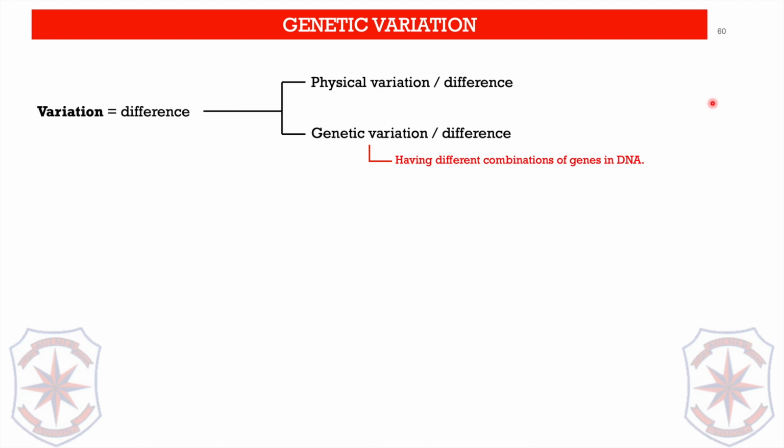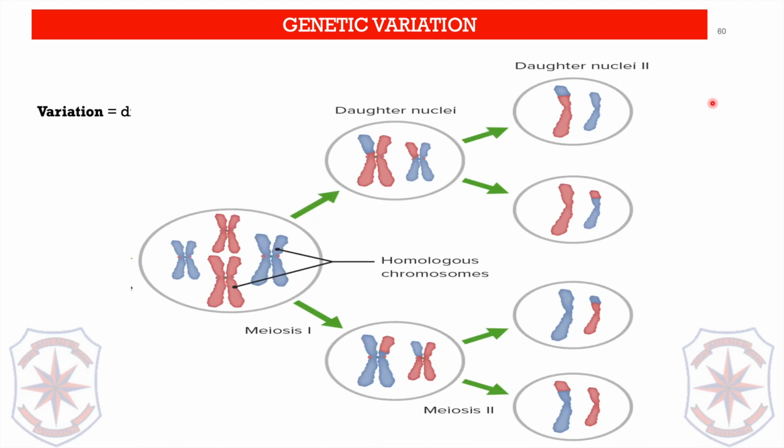I will use the following picture to illustrate this. Remember that meiosis, from lesson 2 of our lesson series on meiosis, we discussed that we would have an original mother cell that will undergo meiosis 1 and meiosis 2.